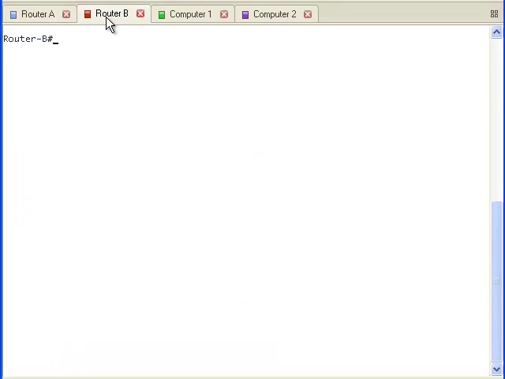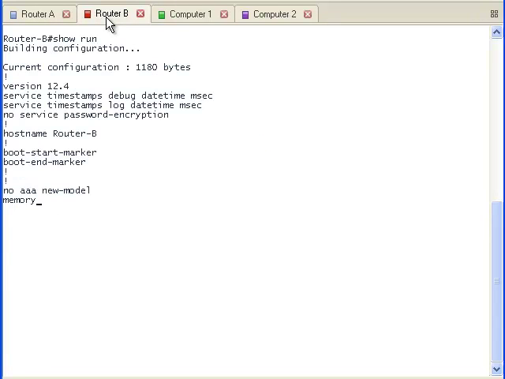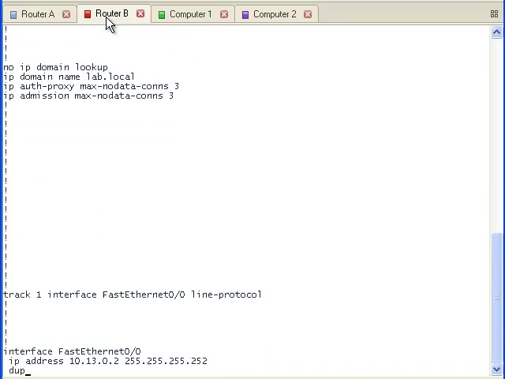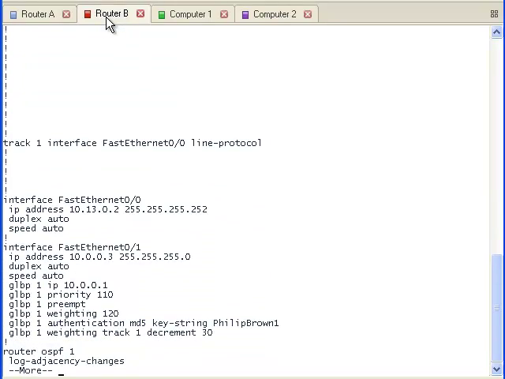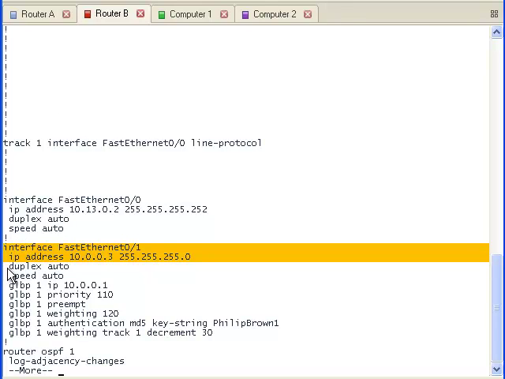Now let's take a look at the terminal window of router B. It's also set on interface Fast Ethernet 0/1.